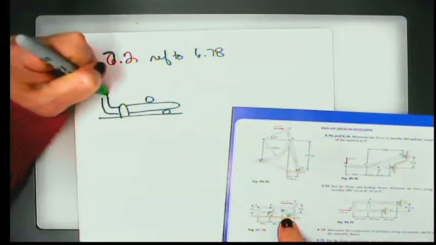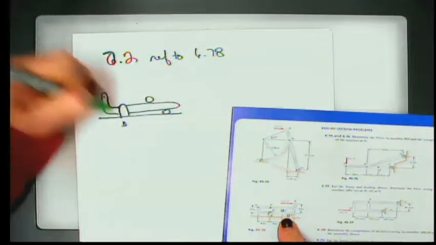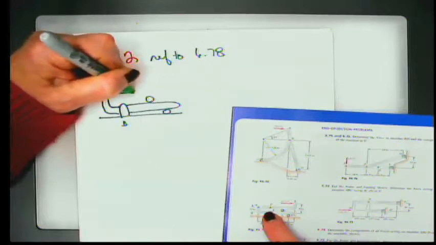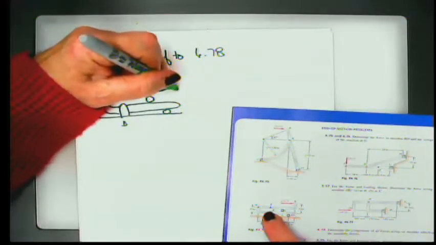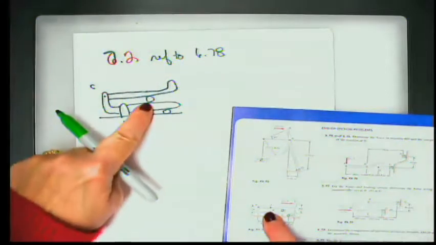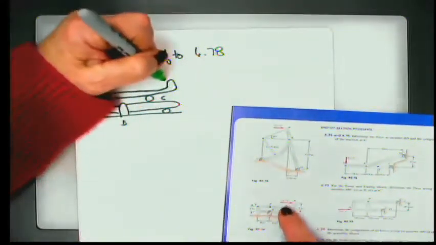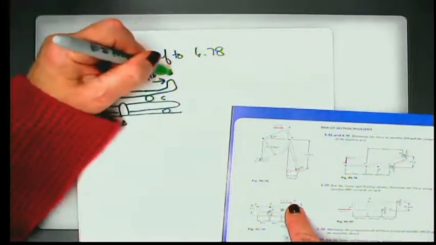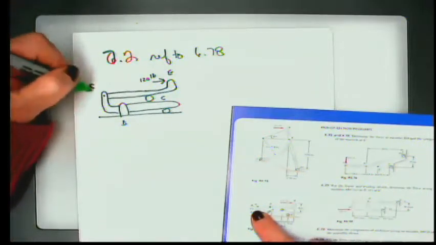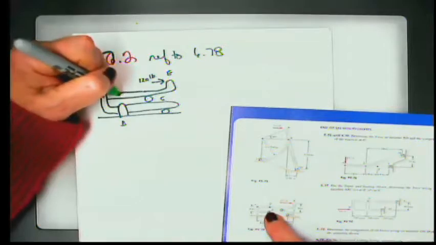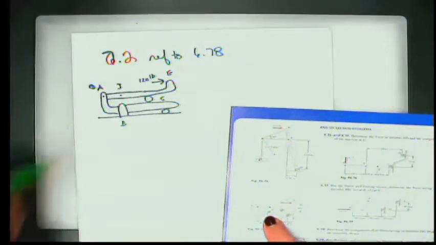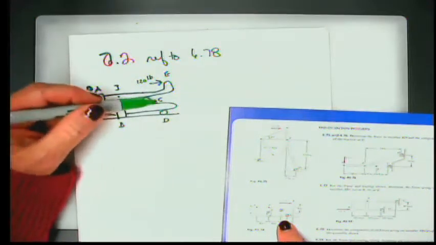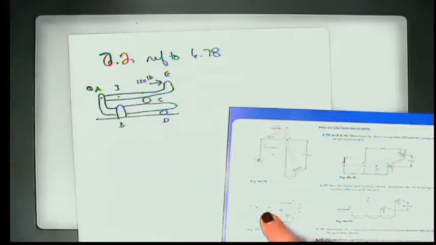Then this is jointed here at point A. This is point B. This is point A. And we have a second piece that looks like this, that is sitting on top of this ball at C, and that we have a 120-pound force acting here at point E. This is point A. And we are interested in what's going on here at point J. All right? Just to make sure I have everything labeled. This is D. So we have A, B, C, D, E, and then we have point J.